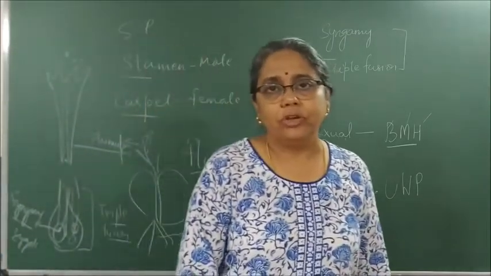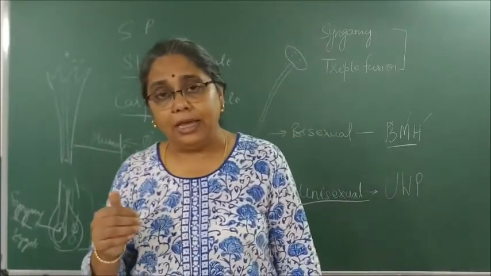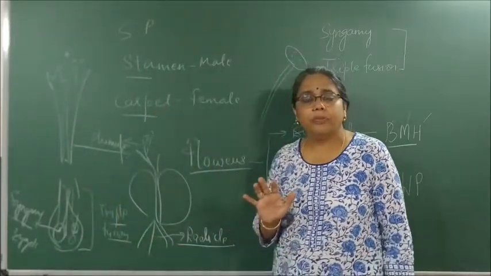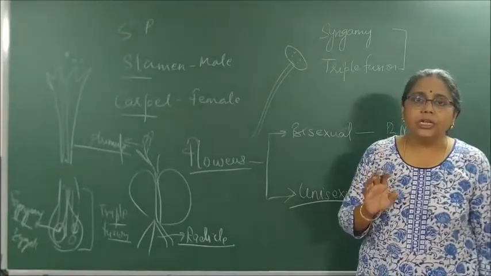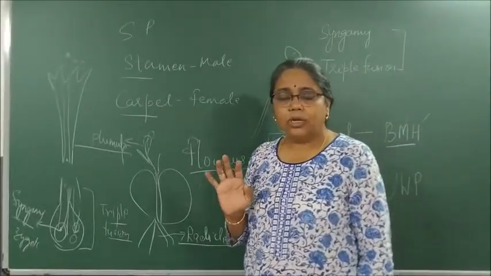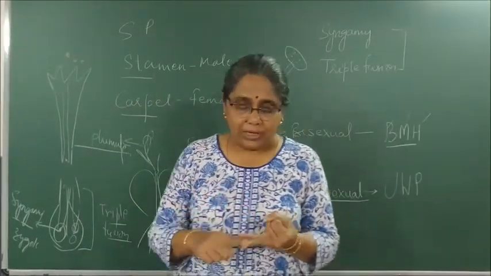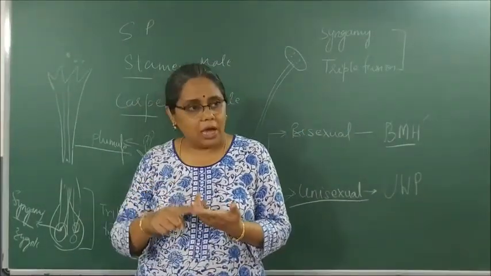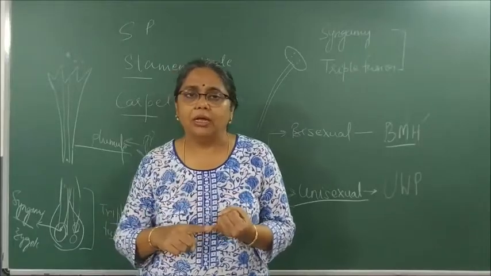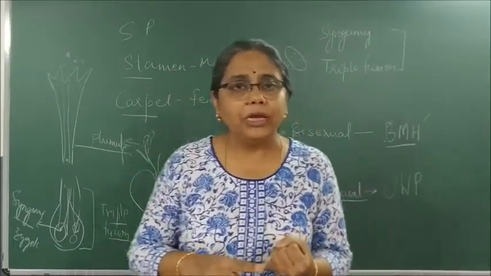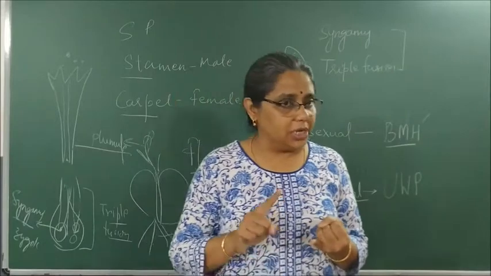So this is all about what? Sexual reproduction in flower. So I'll again repeat. In sexual reproduction in flower, we first studied the parts of the flower. What are the four parts of the flower? Sepal, petal, stamen, carpel. Sepals are green in color and they protect the flower at its bud stage.